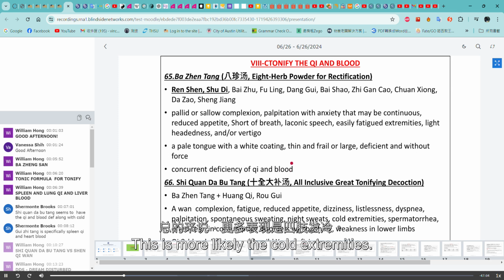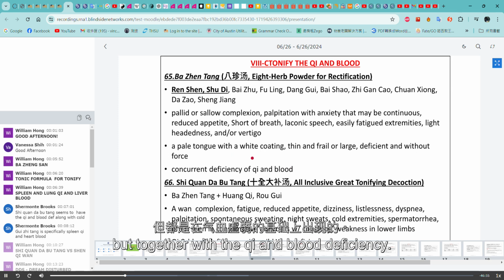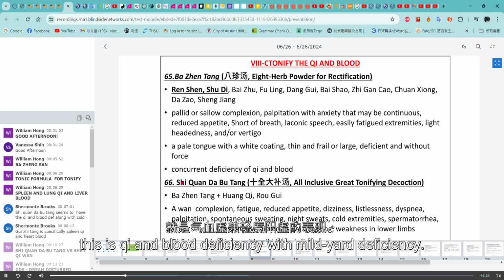So this is more likely the cold signs and symptoms, kind of mild, but together with the qi and blood deficiency. So this is qi and blood deficiency with mild yang deficiency. Okay.